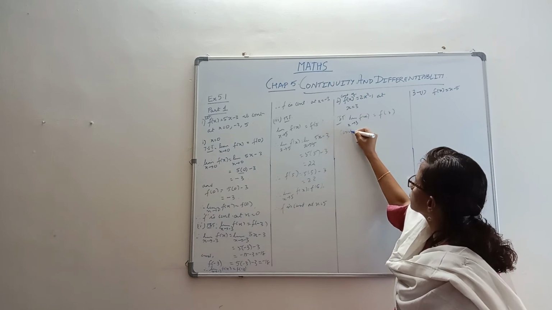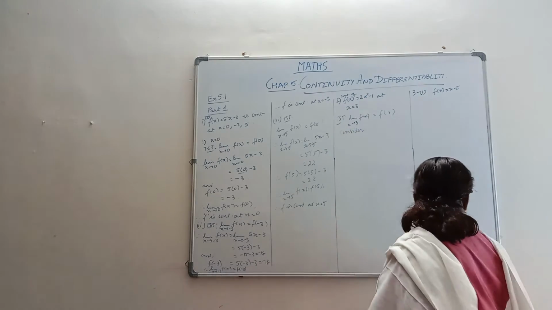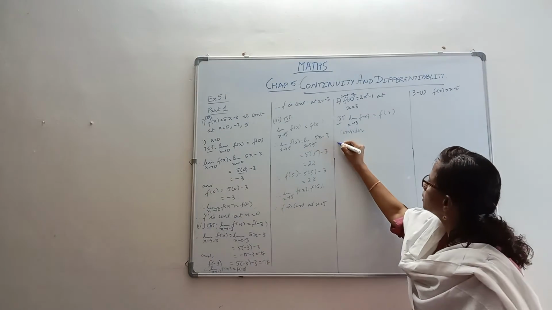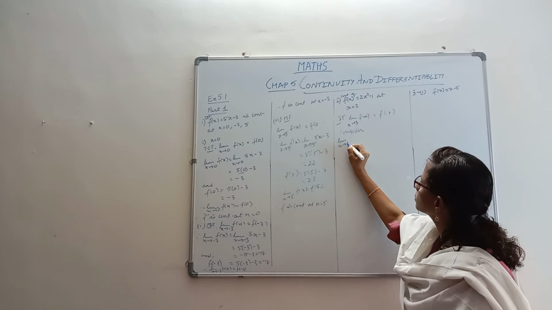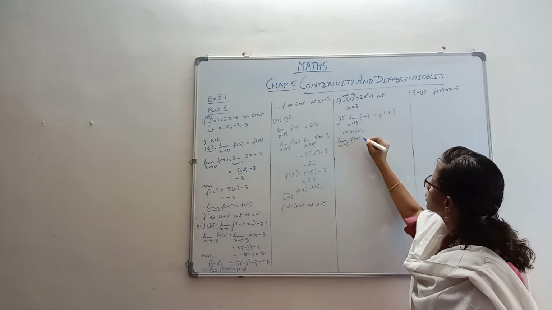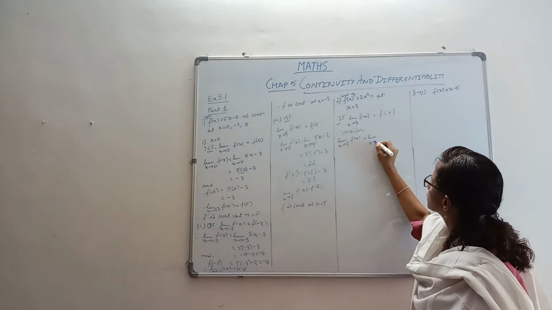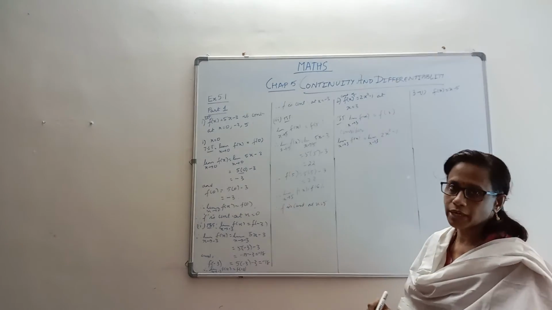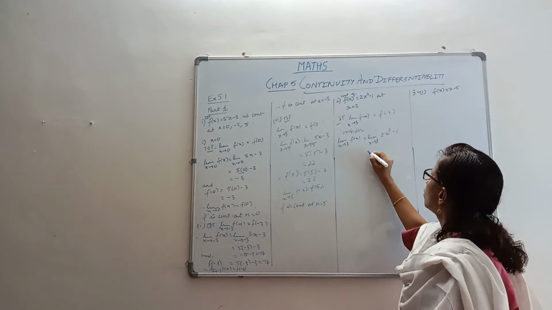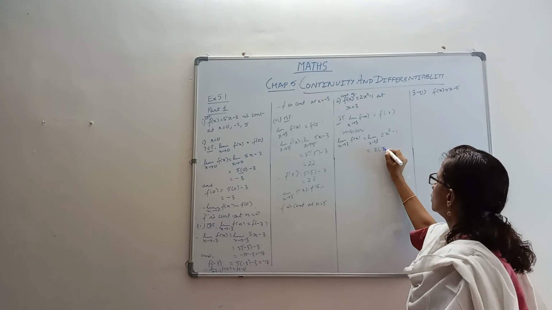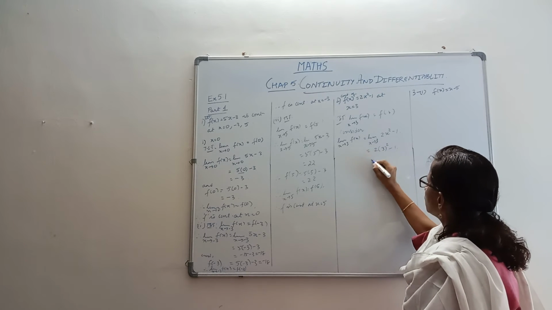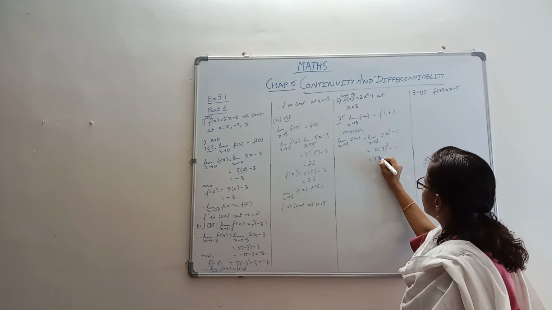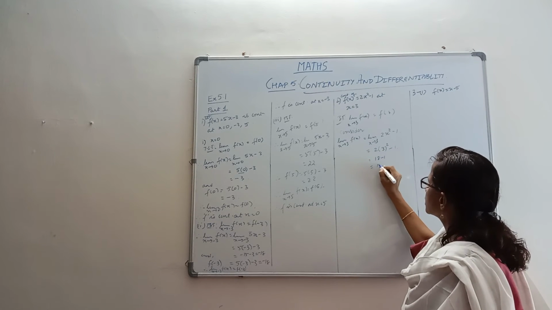So consider limit as x tends to 3 f of x, which is 2x squared minus 1. Tending to 3, very close to 3, this is 9 into 2, 18, minus 1, which is 17.